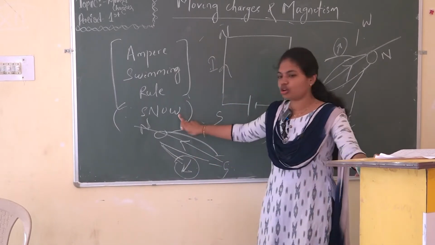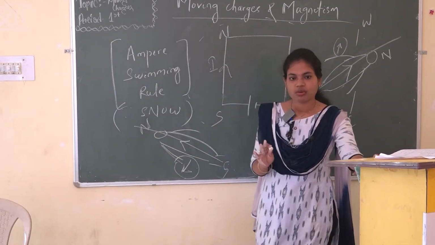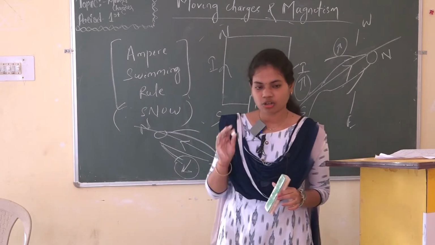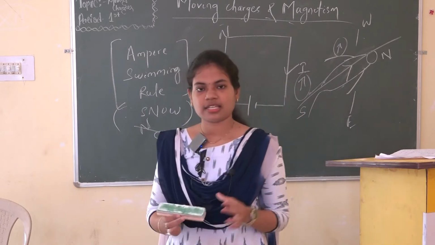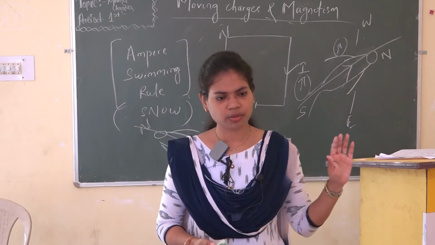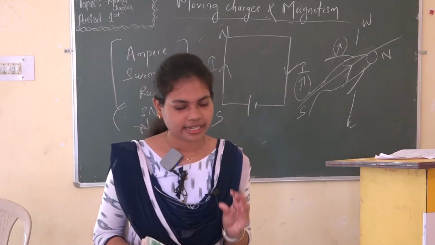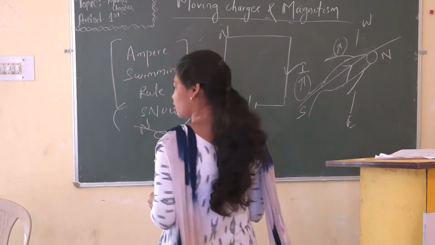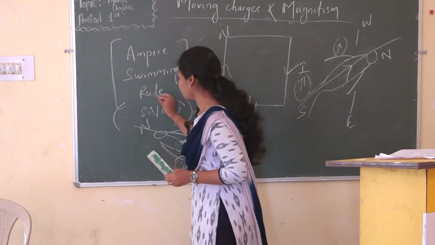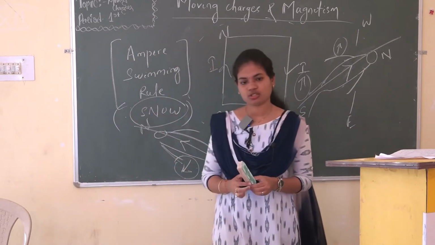That is according to the rule SNOW. When the man or current carrying wire is placed in south to north direction, the magnetic needle deflects in west direction. You have to remember the rule, that is SNOW.